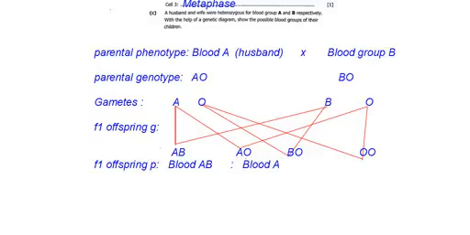Then the second one is having blood group A, because I've said blood group O is recessive. So this simply means that the genotype AO is blood group A. Then this one was having the genotype of BO.